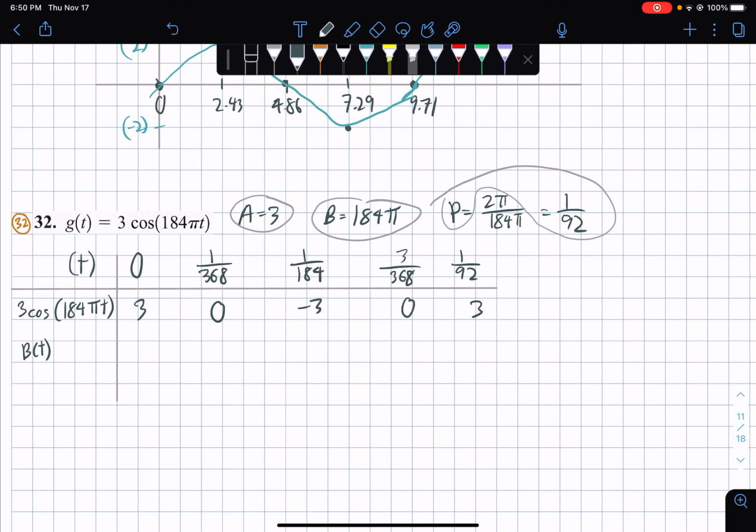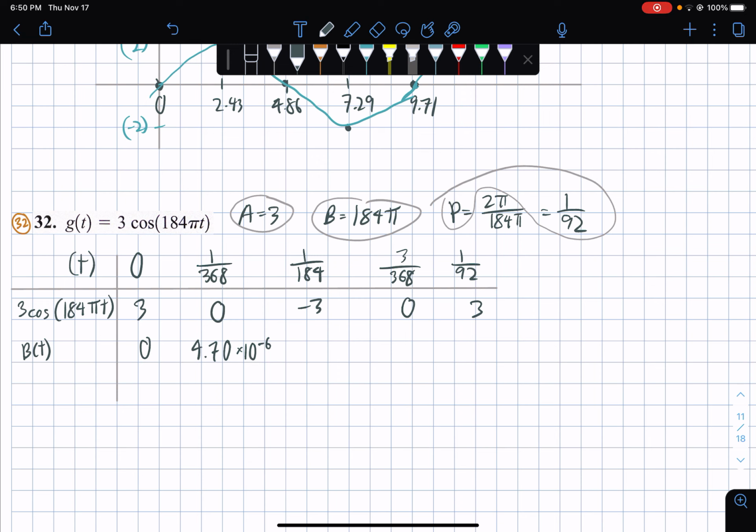And so for the bt variables, let's do this one by one. T divided by 184 pi, still 0. 1 over 368 divided by 184 pi is 4.70 times 10 to the negative 6th power.